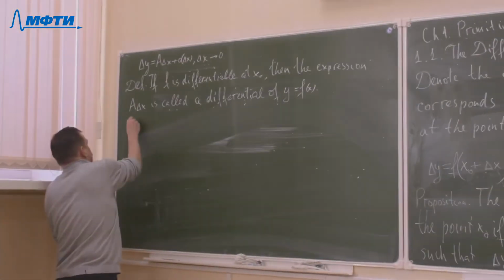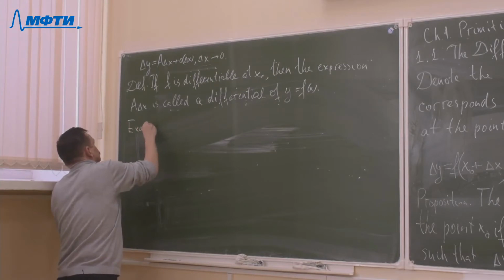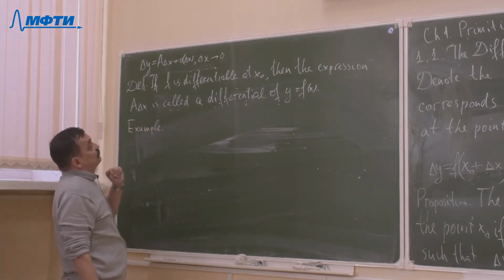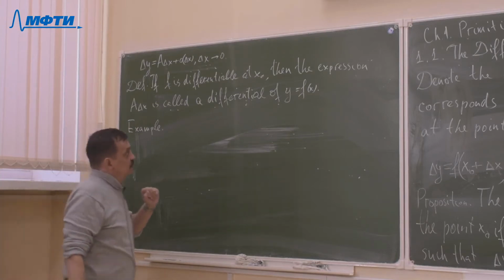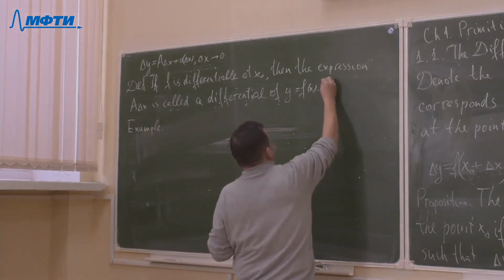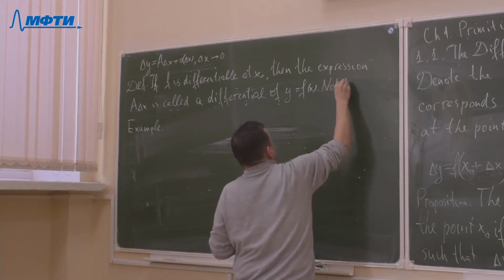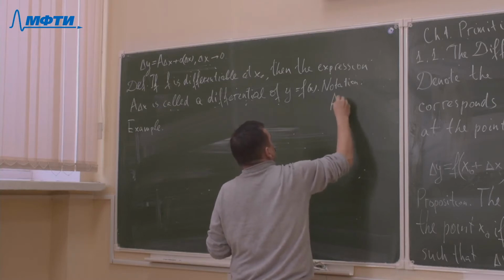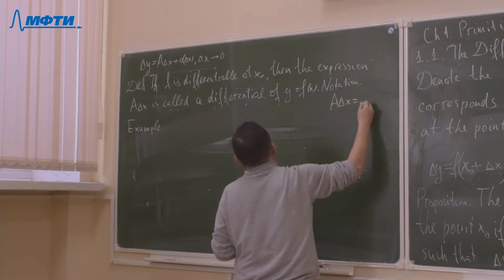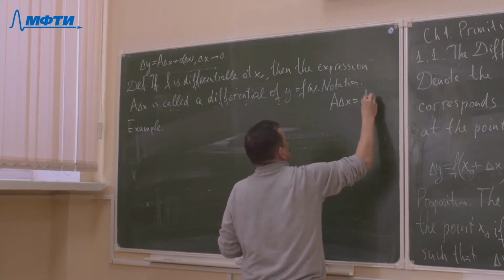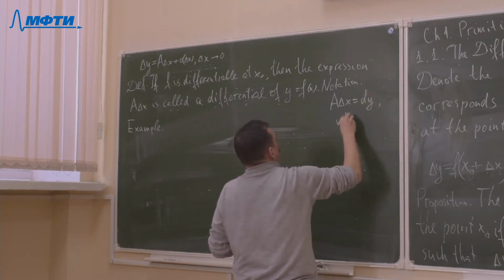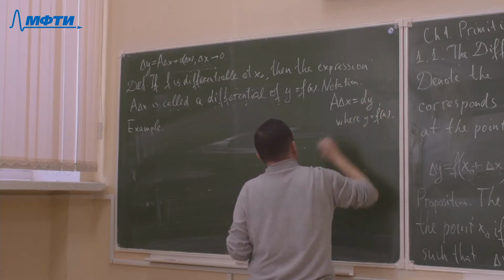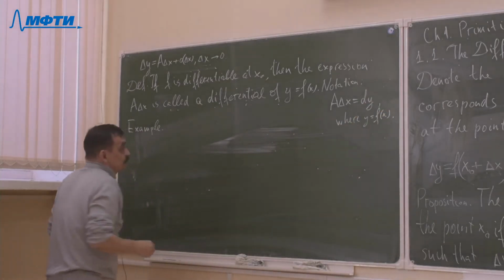I forgot about notations. Notation: A delta x equals dy, where y is f of x. So that is the notation.